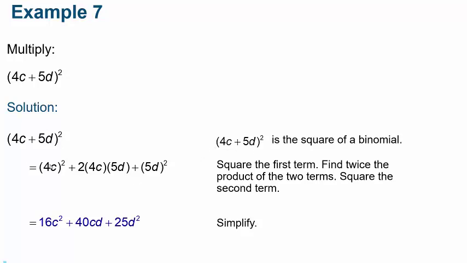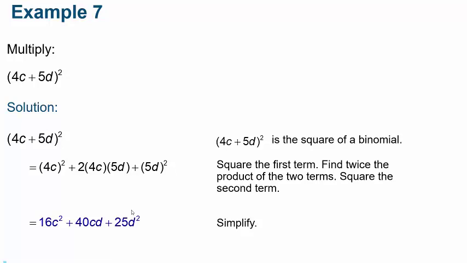So it's a squared, so it's going to be 4c squared, plus 2 times a times b, so 2 times 4c times 5d, plus b squared, well, my b here is 5d, so now you just have to simplify this. 4c squared just becomes 16c squared. 2 times 4 is 8, times 5 is 40, c times d, plus my 5d squared here becomes 25d squared. And that's your answer there, just following the formula.